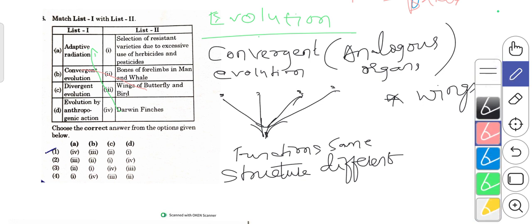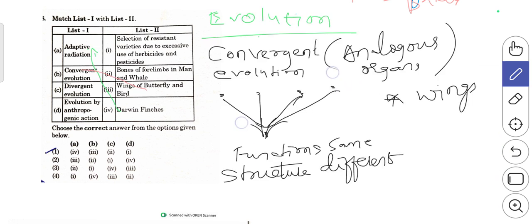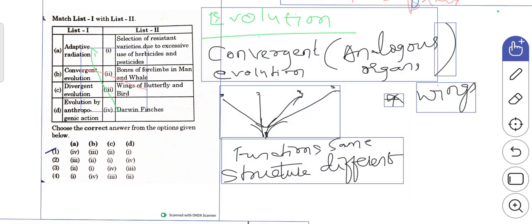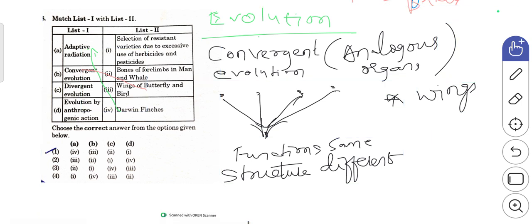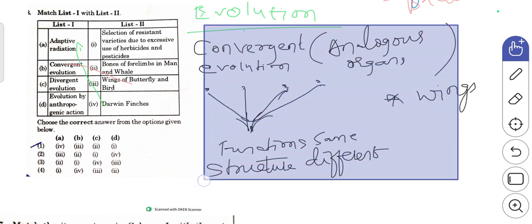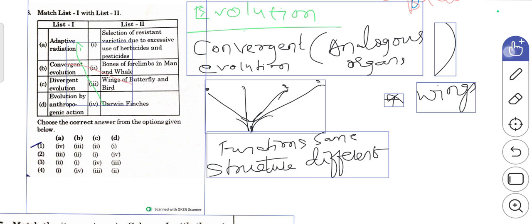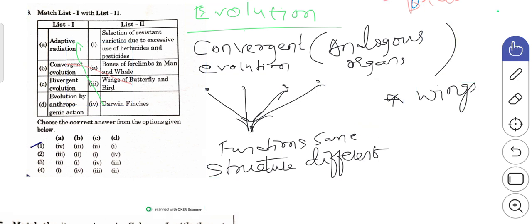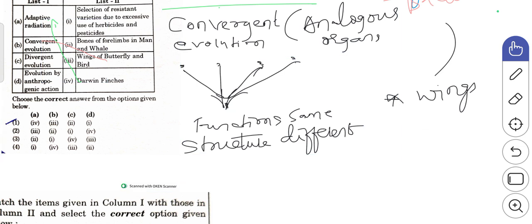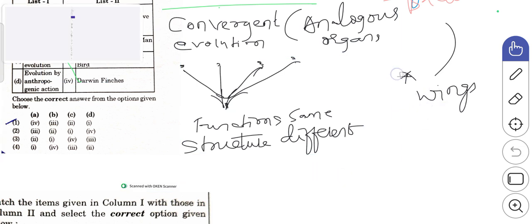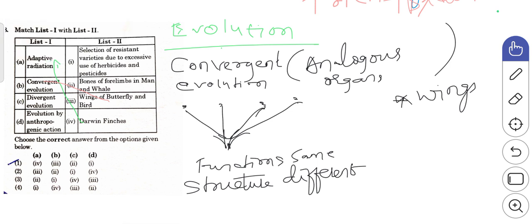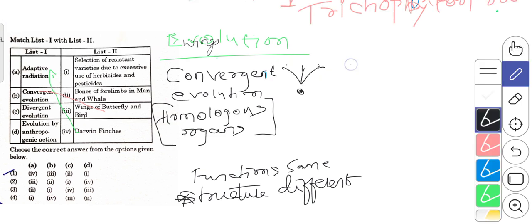Then what about divergent evolution, which they have given in your NCERT?